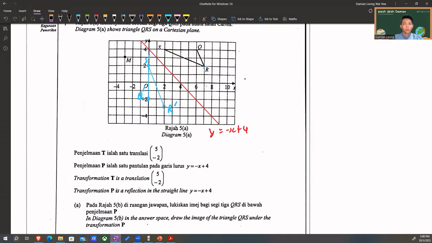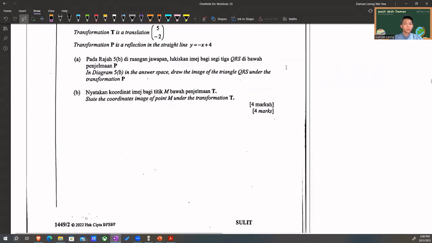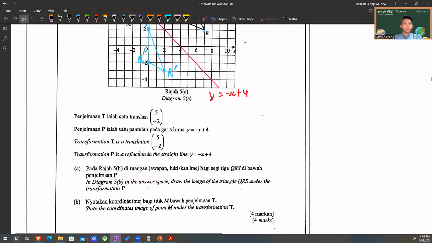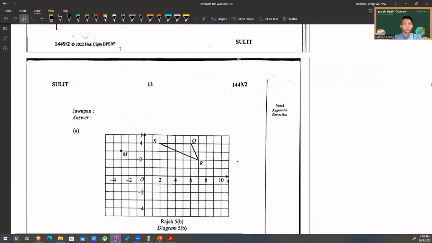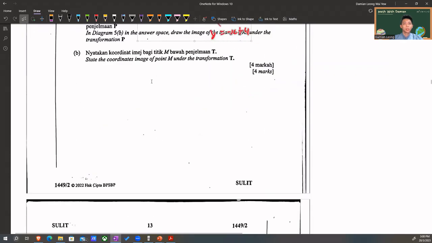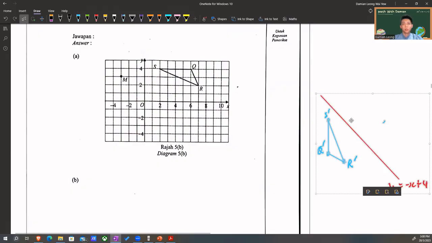We transform each of the corners of the triangle and we connect them using straight lines. That will be the image. But I should put it in the answer space actually, so let me put it here.